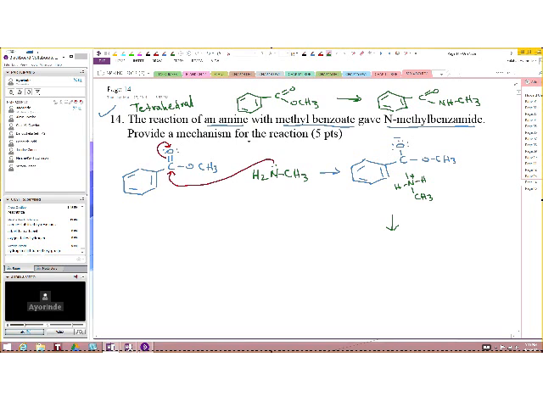Well, you could do that. I was going to do something else, but that is also a possibility, yes. You get an intramolecular acid-base reaction, in this case, hydrogen transfer, a proton transfer. Like I said, I was going to do something slightly different, but yes, you could get there.